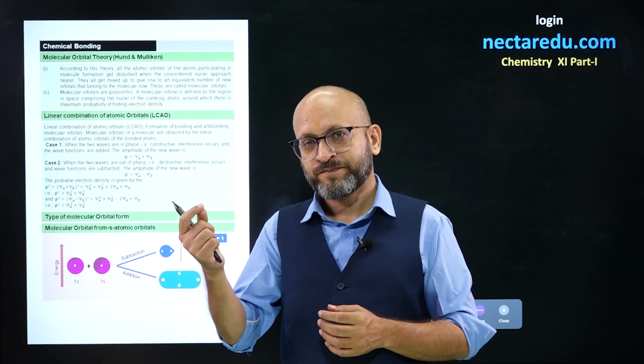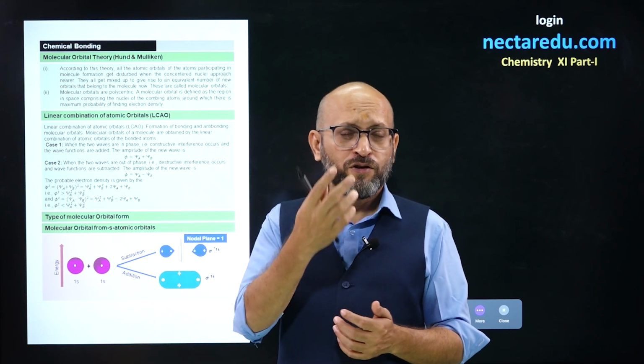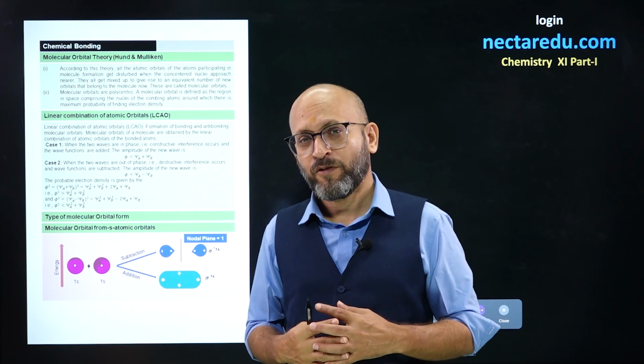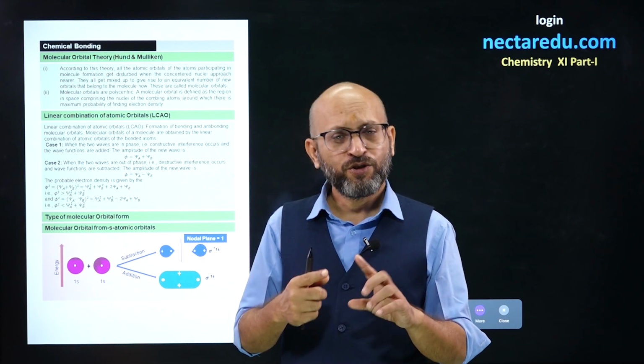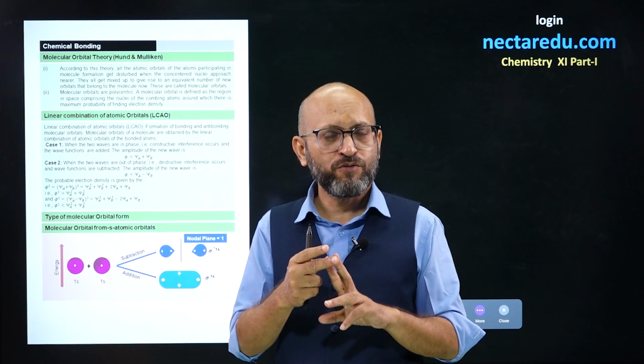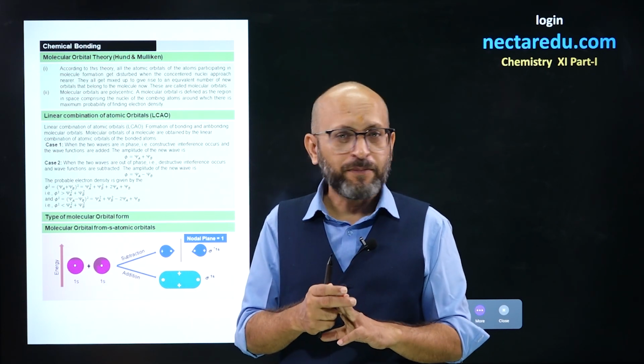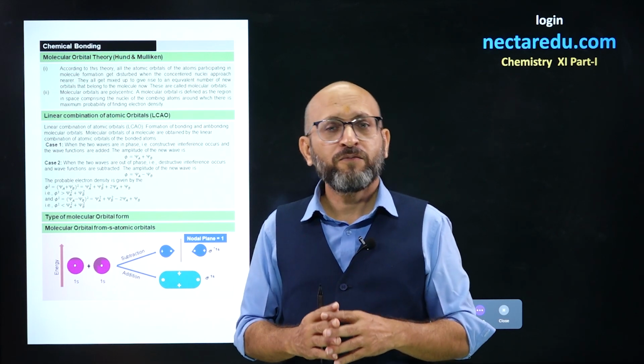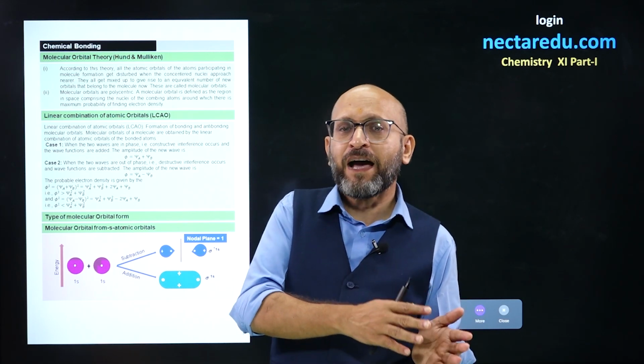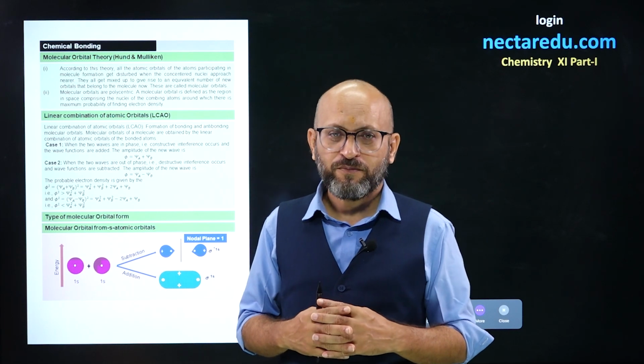Atomic orbitals exist in atoms, molecular orbitals exist in molecules. And principles like the Pauli exclusion principle, Hund's rule, and the Aufbau principle for that matter, are applicable on molecular orbitals the same as on atomic orbitals.